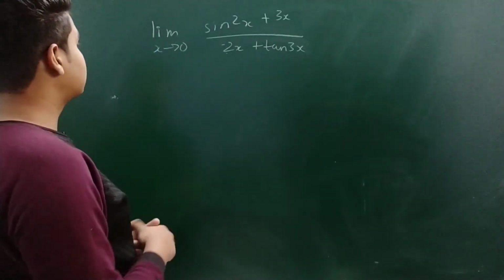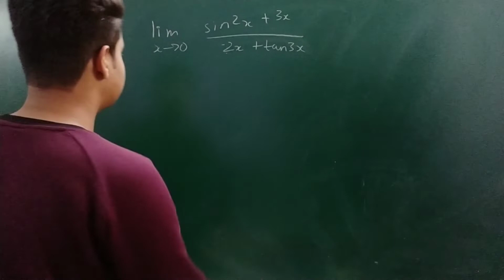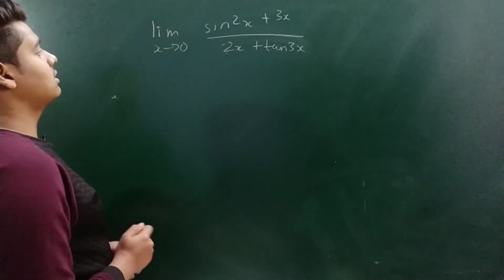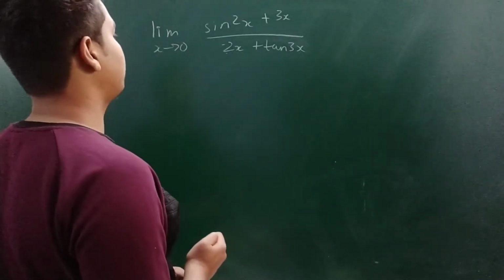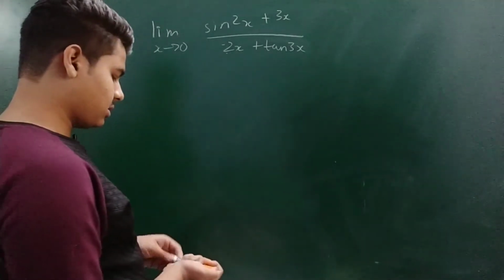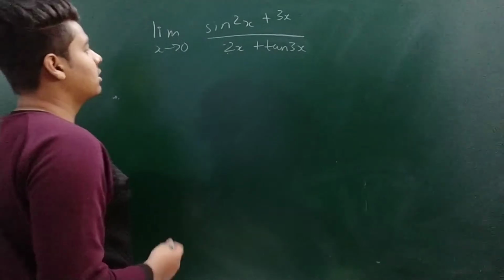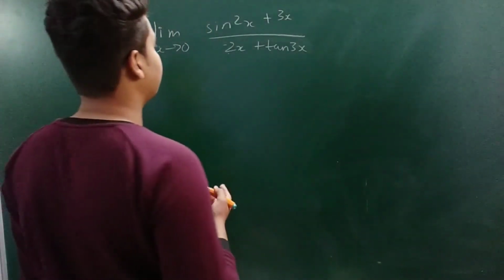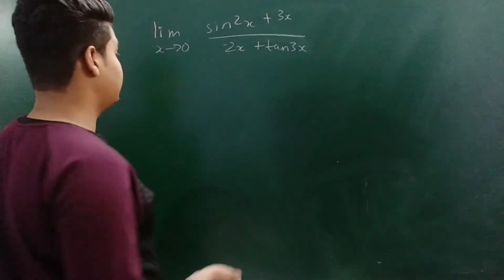So guys, this is our next question: find the value of limit x tends to 0 of sin 2x plus 3x upon 2x plus tan 3x. It is not a very tough question, but it can be solved easily if we have some basic concepts in mind.